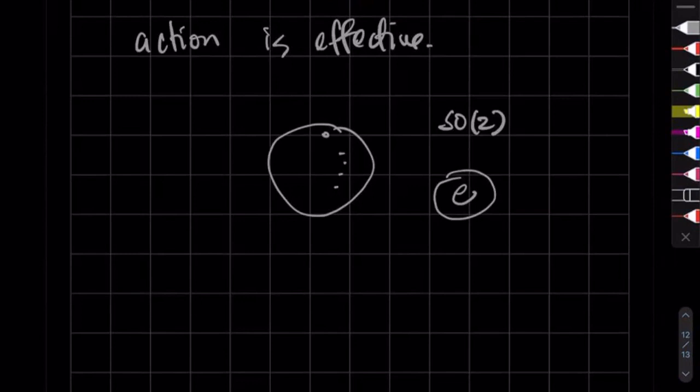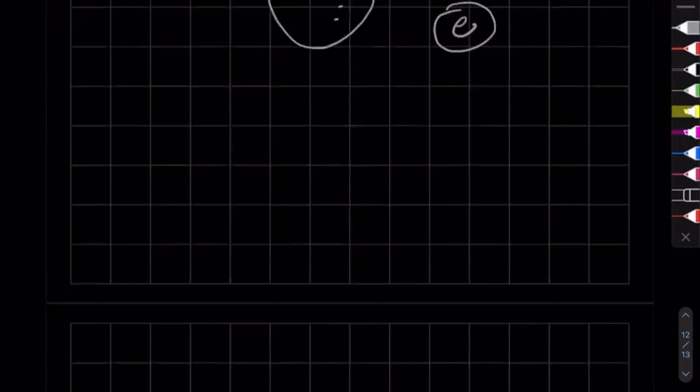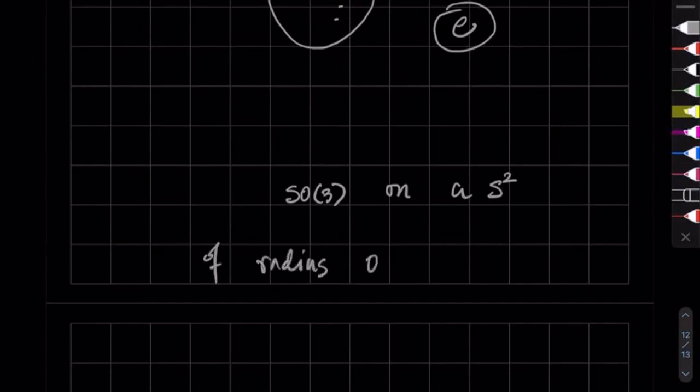Okay, can we now discuss an example which is not effective? Sure, sir. If I consider the action of SO3 on an S2 of radius 0, that is a point, then it is not an effective action, right?